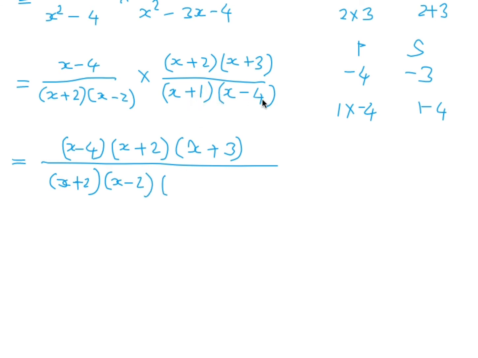Here x plus 1, x minus 4. And now we can check what the common factors are. So x minus 4 here, yes, so we can cancel this out. Now x plus 2, yes. And that's it.